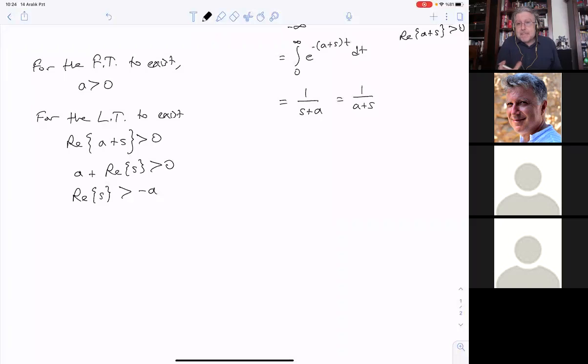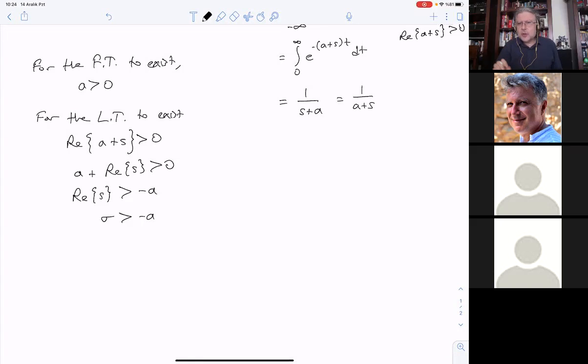So if we can make sure that the real part of s is greater than minus a, the Laplace transform still exists. What was the real part of s, by the way? It was sigma. So sigma is greater than minus a. With this condition, even for negative a values, we can still have the Laplace transform, which is equal to 1 over a plus s.